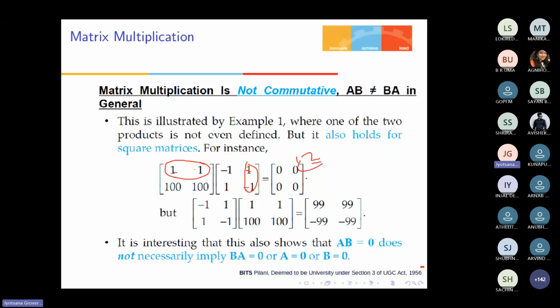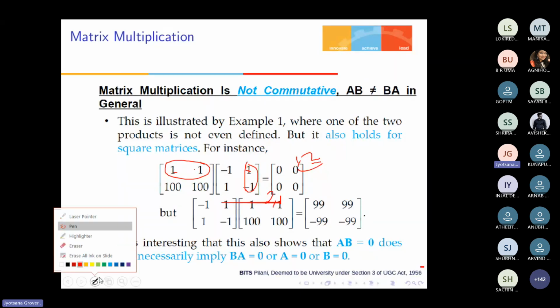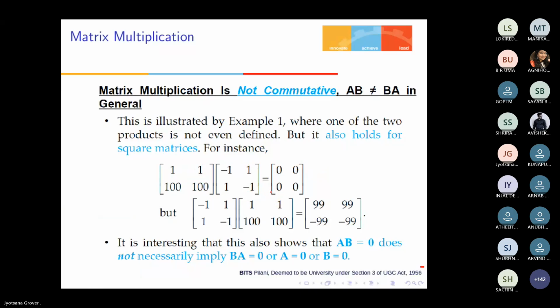Now come here, 2 comma 1. 2 means take the second row of A, and 1 means take the first column of B. 100 into minus 1 is minus 100, plus 100 into 1 is 100. So minus 100 plus 100 is 0.